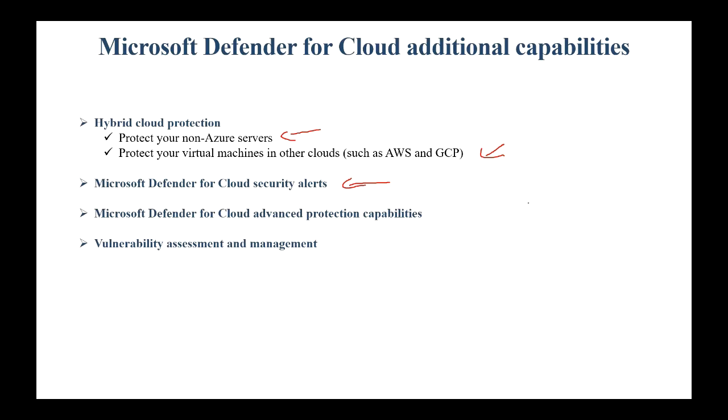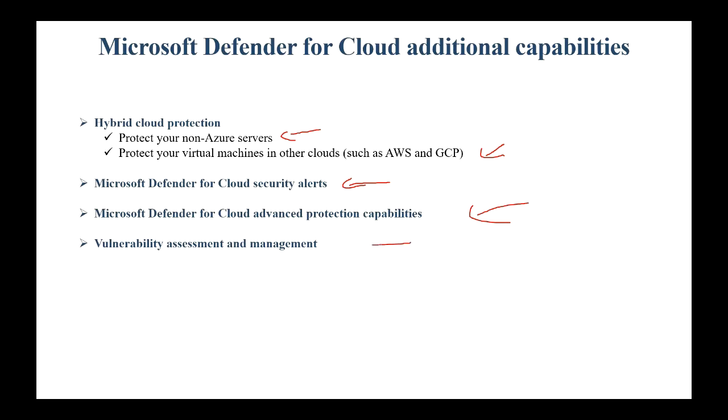Then we have the advanced protection capabilities. And here, Defender for Cloud uses advanced analytics for tailored recommendations related to your resources. Protections include securing the management ports of your VMs with just-in-time access and adaptive application controls to basically create an allow list for what apps should and should not run on your machines.